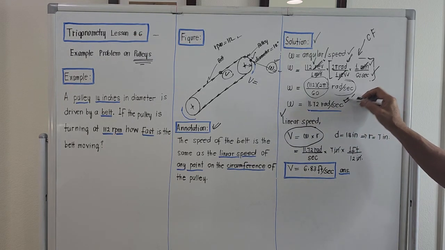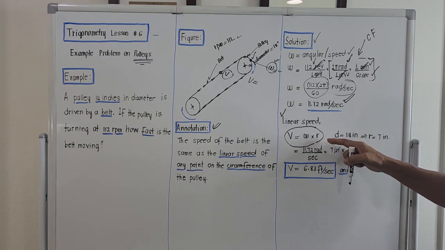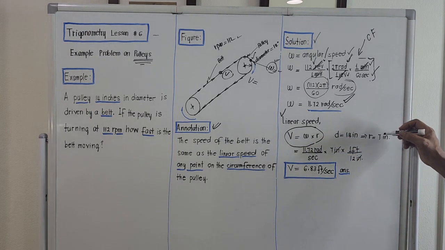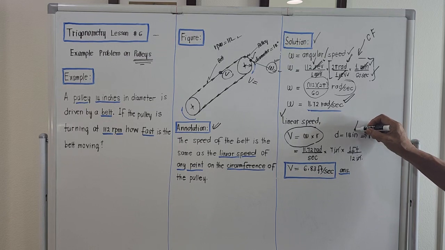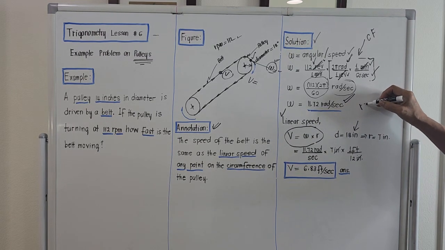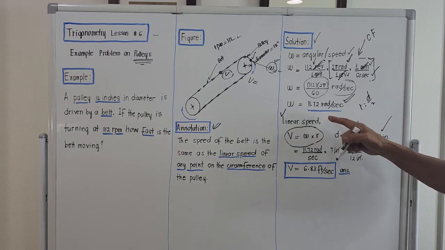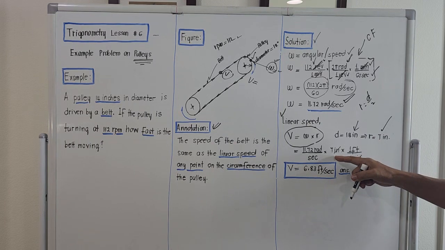Omega, we computed already, 11.72 radians per second, times the radius. The diameter is 14 inches, so the radius will be diameter over 2, so it will be 7 inches. So r is the value 7 inches.